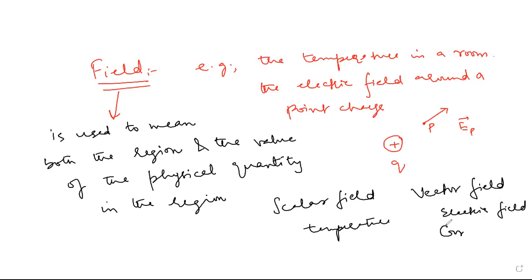Similarly, gravitational field is an example of a vector field, right? Because gravitational field and electric field are vector quantities. So, I hope this idea of field is now clear to you. So, let us move forward.